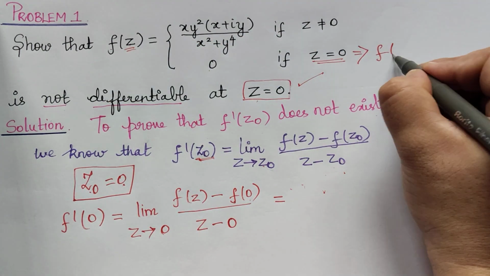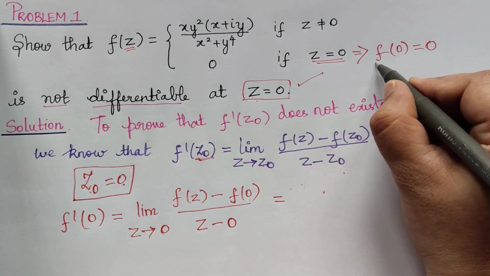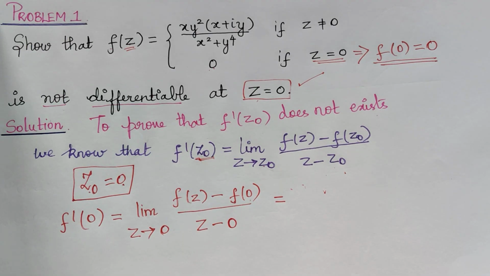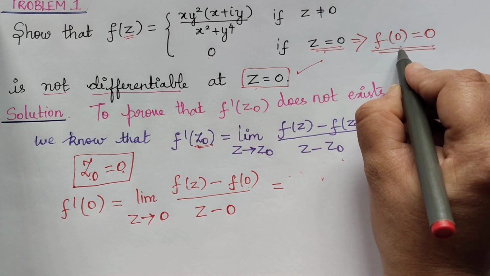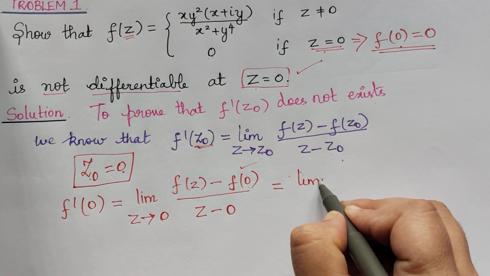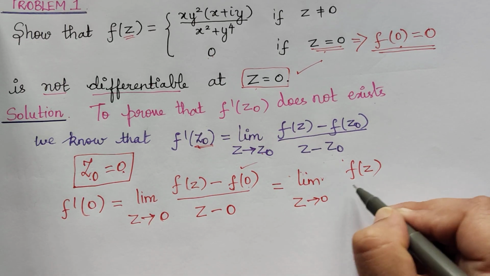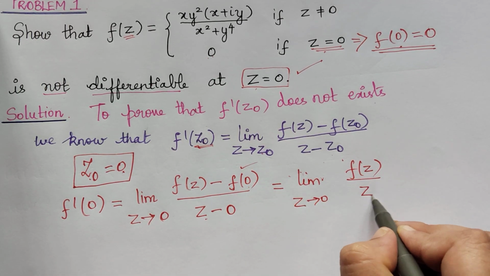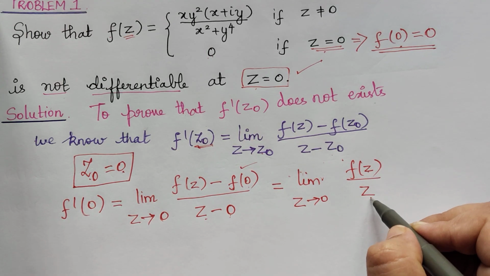So when you put 0 over here, the value is equal to 0. So f of 0 is equal to 0, which means this value is 0. So this is equal to limit z tends to 0 of f of z divided by z, because these values are 0, and so we get f of z by z.